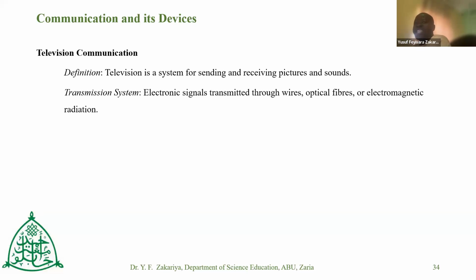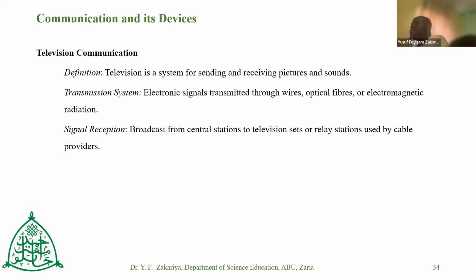There is no tube again in the TV. Then signal reception is also part of the TV, especially in the olden days where you have the antenna outside and you are watching NTA, AIT. Now GoTV has taken over. You can see how life is progressing. STV, all these dishes have taken over from the antenna that we used to use before.